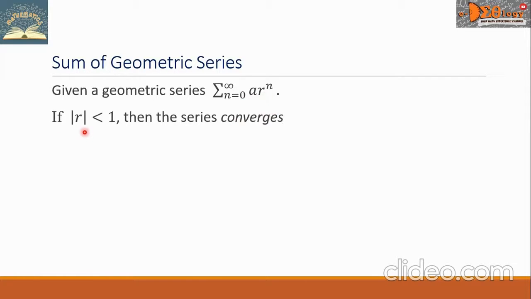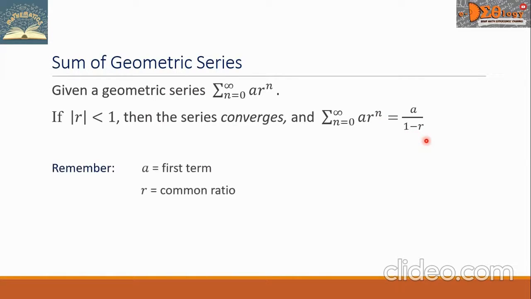If the absolute value of r, or the common ratio, is less than 1, then the series converges. And the summation from n equals 0 up to infinity of a times r raised to n equals a over 1 minus r. Remember, a is the first term and r is the common ratio.